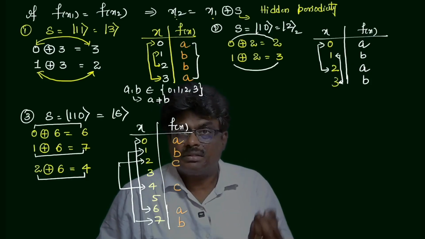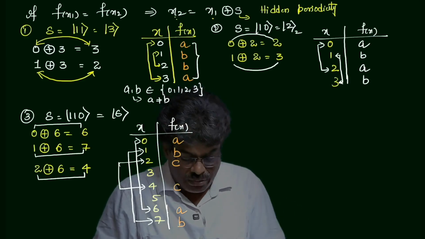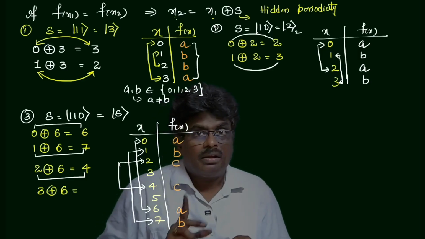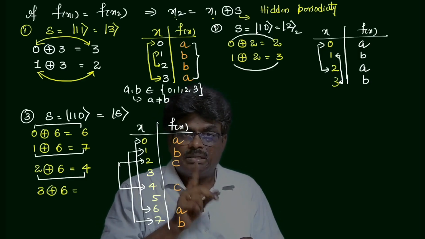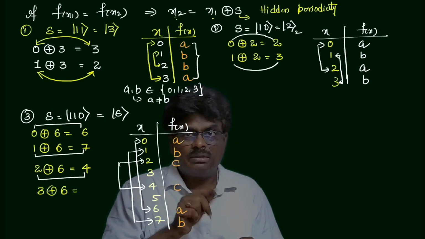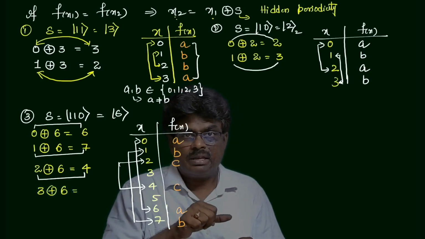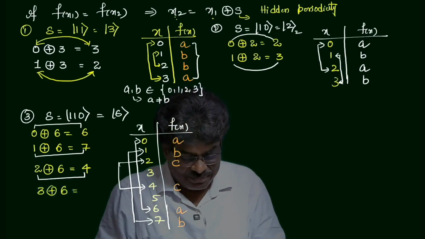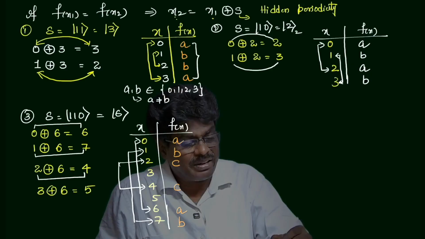And the remaining 3 and 5. Let us check that also. 3 XOR 6. Now 6 is having 4 plus 2, 3 is having 2 plus 1, 2 gets cancelled, then 4 plus 1, 5. Still not understanding?